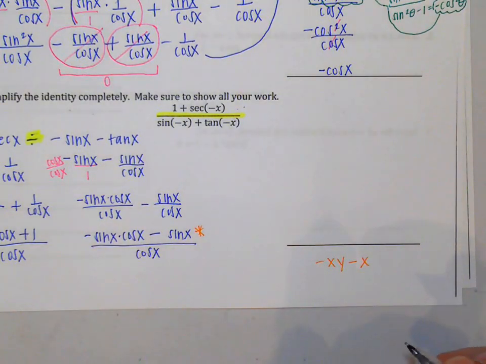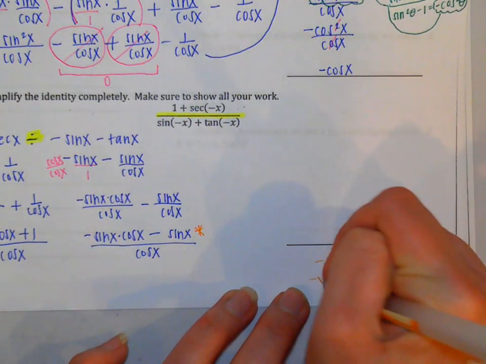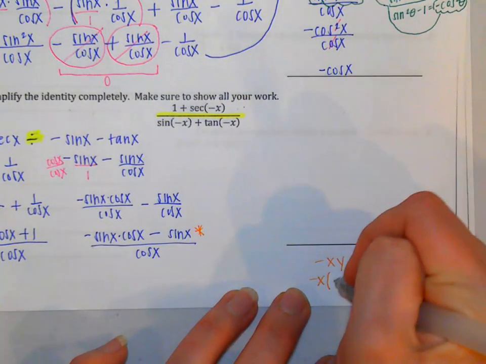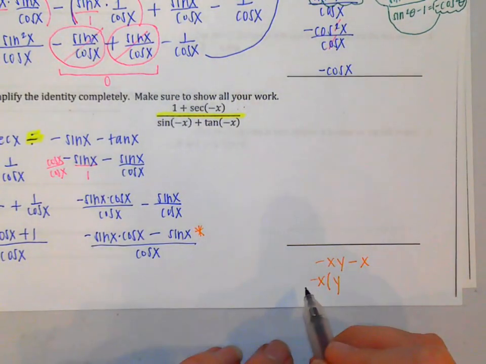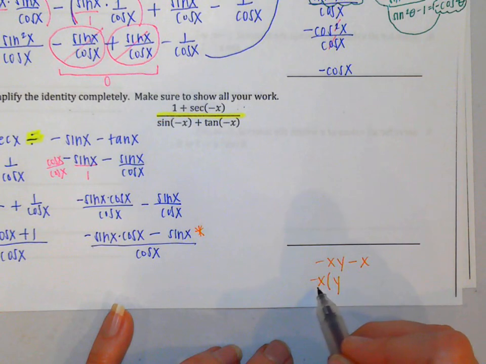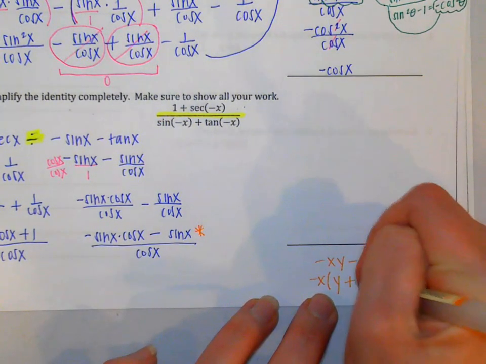Well, we could factor out a GCF. You could factor out an x, or actually what I would factor out is a negative x. Whenever the value in front is negative, I would factor out the negative sign as well. So if I factored out a negative x, that would be y, regular y, because the negative x is now on the outside. And then negative x divided by negative x would get me plus 1.